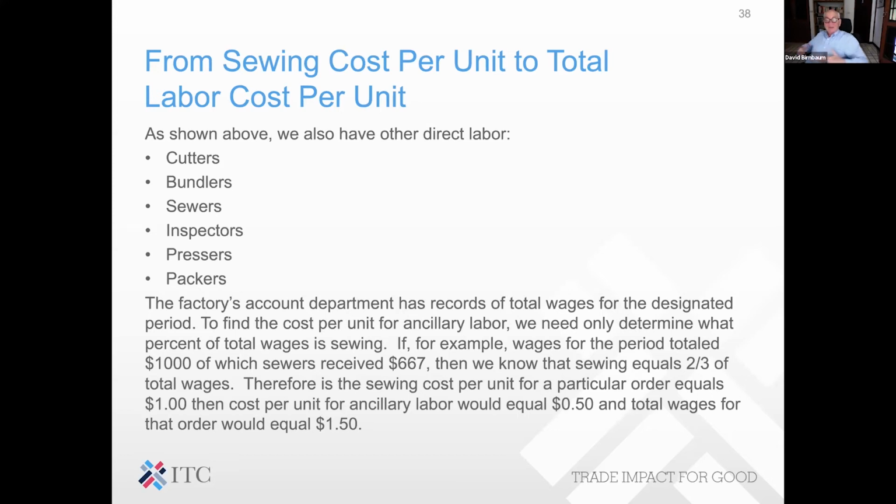So if the total wages were $1,000, of which the sewers received 667, they received 2/3 of the wages. So for all practical purposes, we can say if the sewer is paid $1, the rest of the people are paid 50 cents. And that's how you calculate it. The cost of sewing per unit plus 50% for everything else.